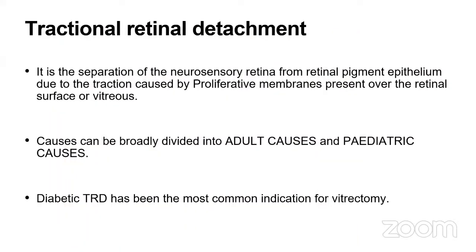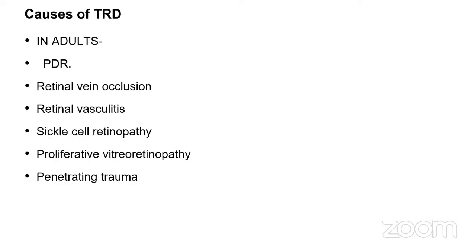So coming to tractional retinal detachment. It is the separation of neurosensory retina from retinal pigment epithelium due to traction caused by proliferative membranes present over the retinal surface or vitreous. So causes can be divided into adult cause and pediatric cause. Diabetic TRD is the most common indication for vitrectomy.